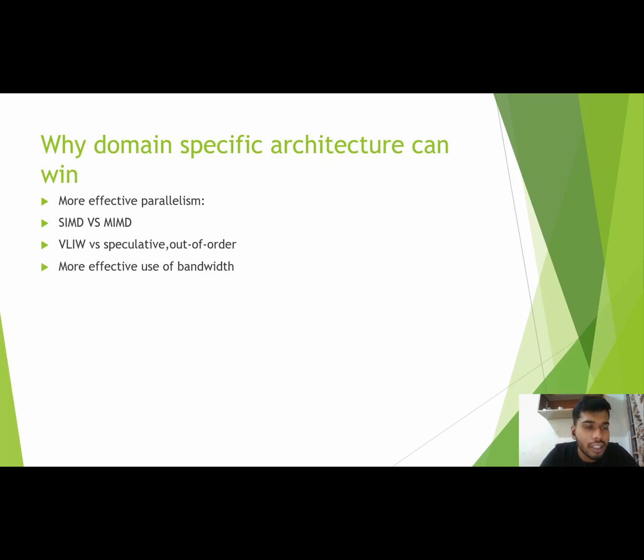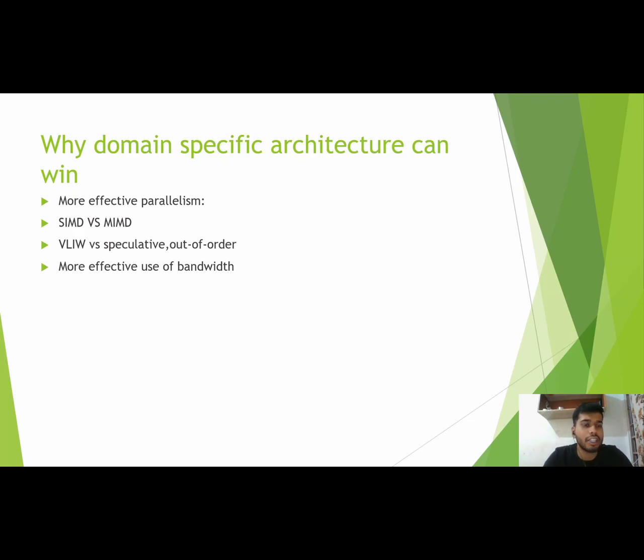The second point is SIMD versus MIMD. Single instruction multiple data will be more efficient than multiple instruction multiple data, which is the same as the general purpose microprocessors being used.